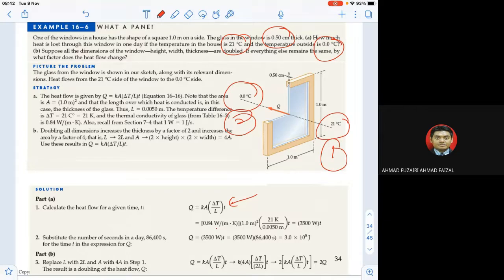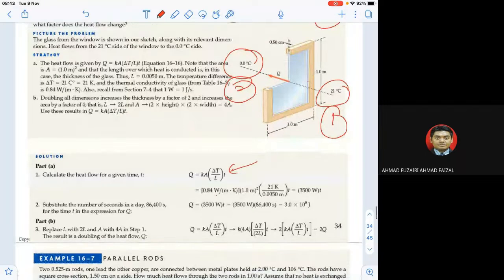In this case, L is the thickness of the window. So you get 3,500 t, because it didn't state any time, so you just leave the answer with t.